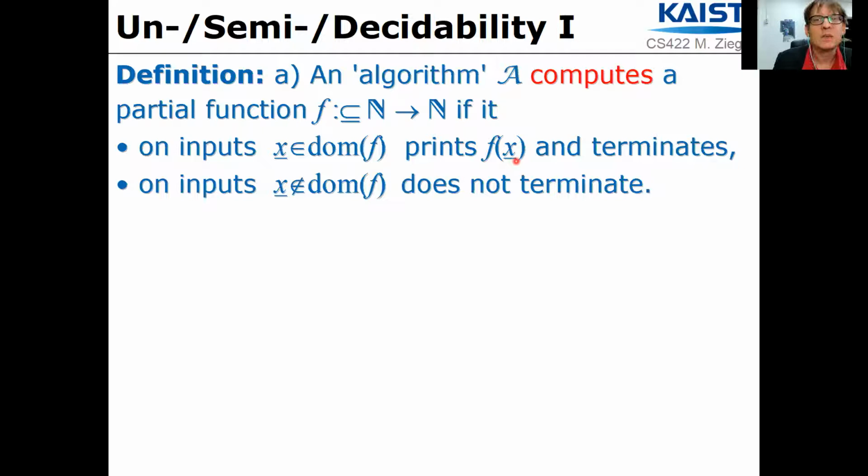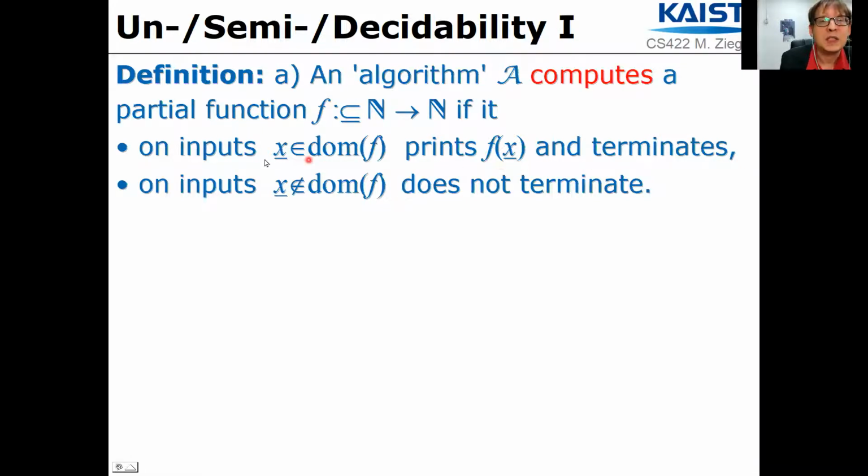That comes later. But let's take for now that algorithm means your favorite programming language, C, Python, Java, whatever, where you know what it means to input an argument and to output or print a value. So for now, that should be good.